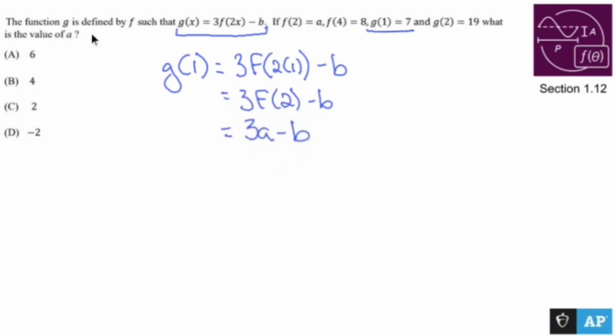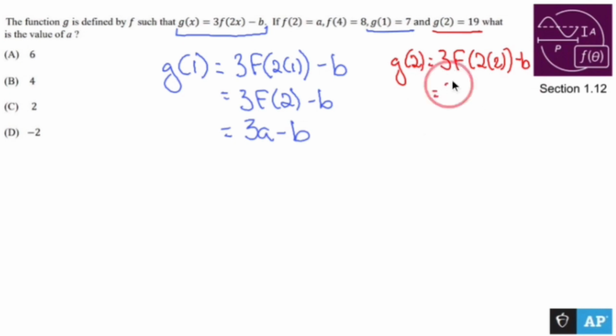Now, does that get me anywhere? No, it's asking for the value of a, and I have to do a little bit more because there's no b here, so I'm not quite done yet. So I found g of 1. Let's find g of 2. G of 2 is going to be 3 times f of 2 times, replace x with 2, minus b.